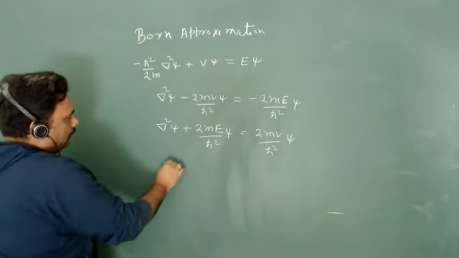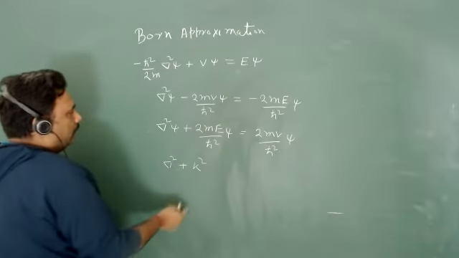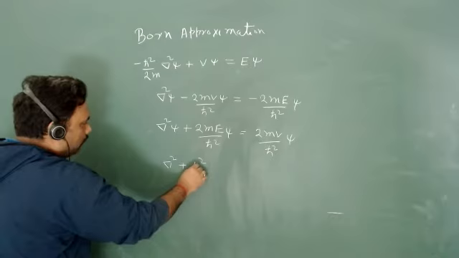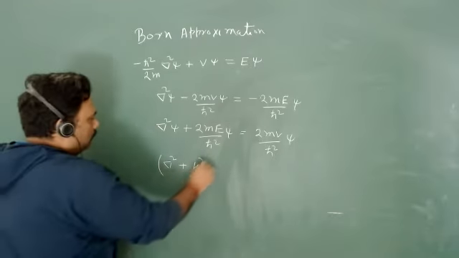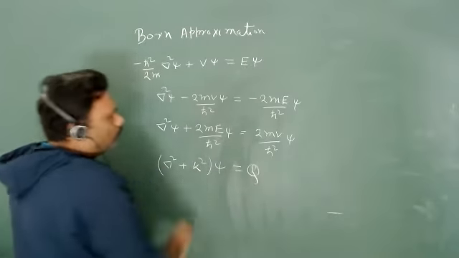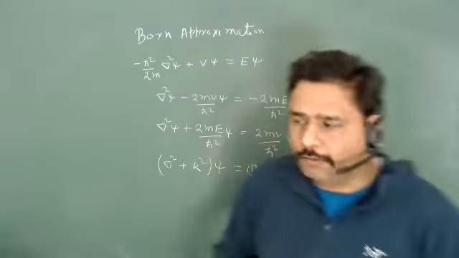We can write del square plus this thing as k square, where k is a small k. Then, psi equals Q, and in this Q we have one function psi also.